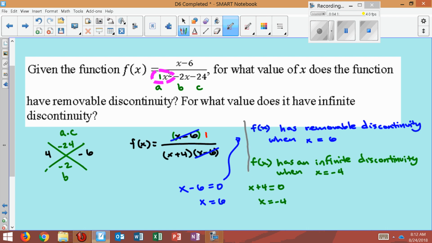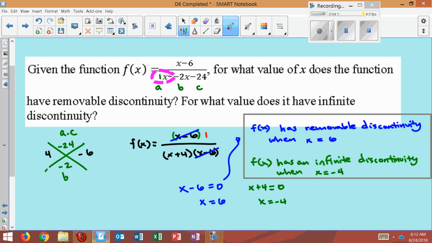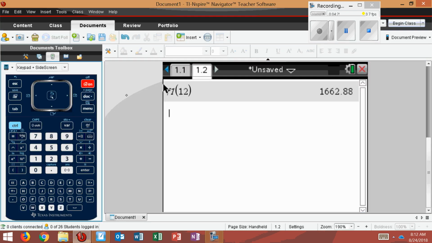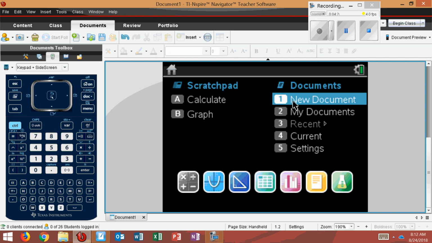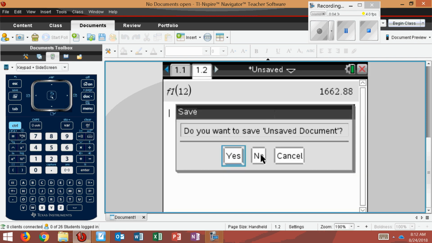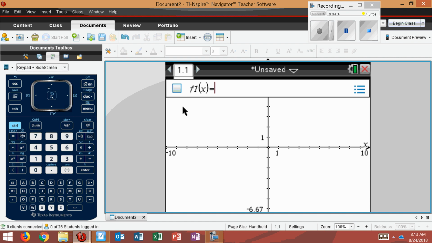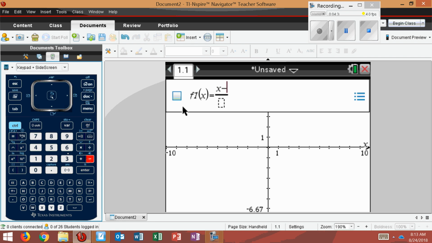Now, I did all this algebraically. But as it concerns our class up to this time, we've really been dealing more with the graph. So let's go look at this in the graph, the original equation, and see how we could have determined this. So if I go into a graph here, to get a fraction first, we hit Control Divide. In the numerator, we have x minus 6.